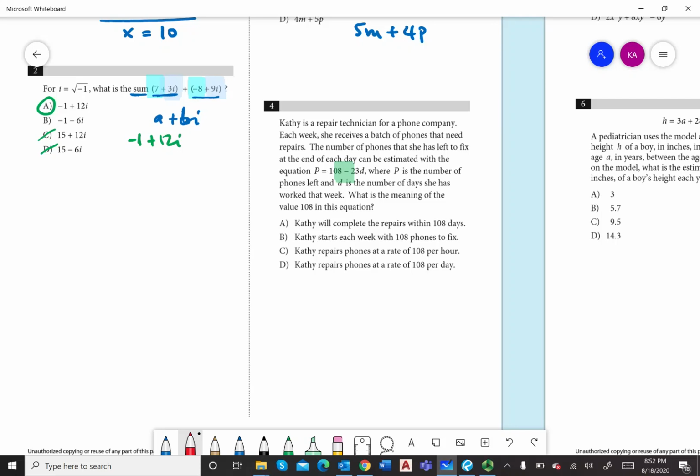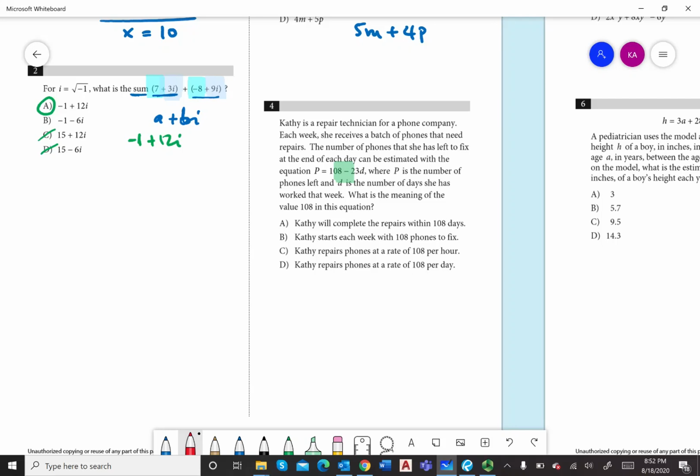Okay, anyway, so now 108, based on that explanation and the fact that we understand the formula, we can deduce that the 108 represents the number of phones that Kathy starts with, because we're subtracting a certain number each day, and here it's 23 that we're subtracting each day.